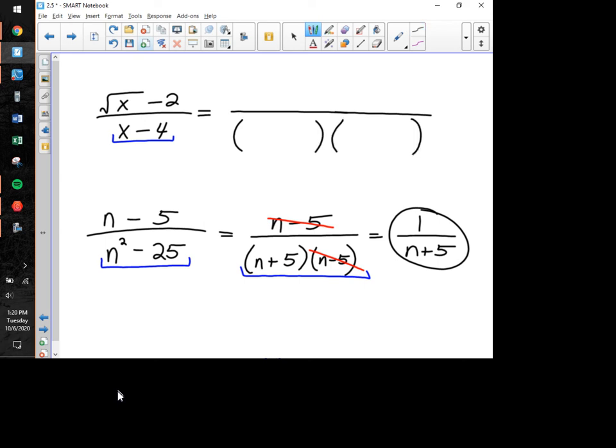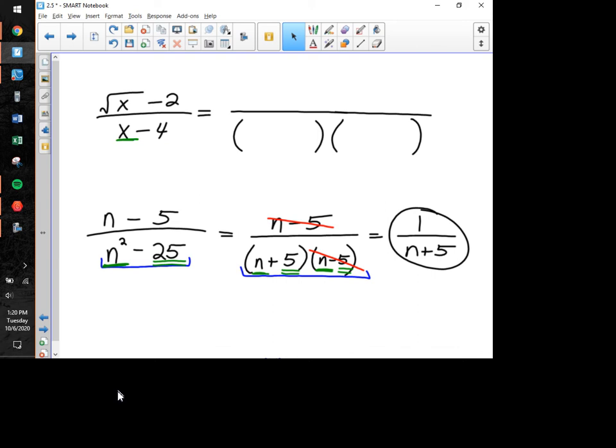So if you ask yourself, how did you get n here and here when you factored? The answer is because n is the square root of this term right here. How did you get 5 and 5? It's because 5 is the square root of that term. Well, we're going to do the exact same thing here, down on the bottom of this fraction above.